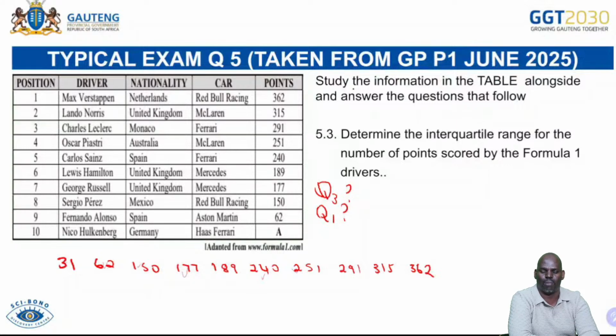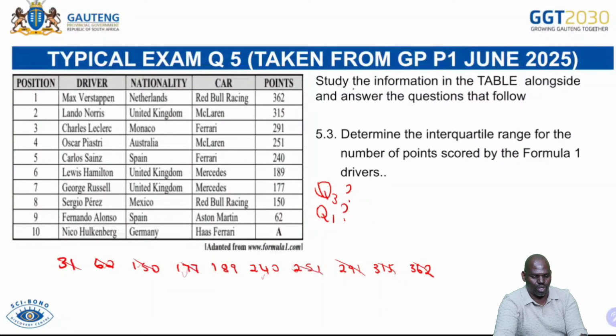Then now we need to determine quartile 3 and quartile 1. But there's no way that we can determine quartile 1 and quartile 3 before we could determine quartile 2. We need to start with quartile 2. What will be my quartile 2, which is the median? So cancel this one, that one, this one, and that one, this one, and that one. You can see that I've got two values in the middle now.